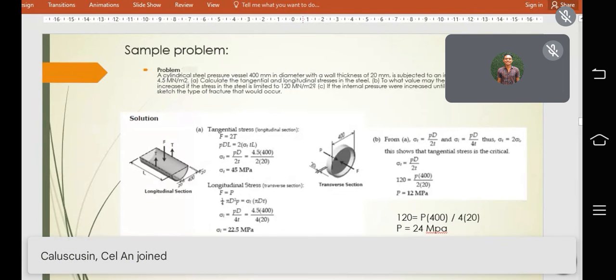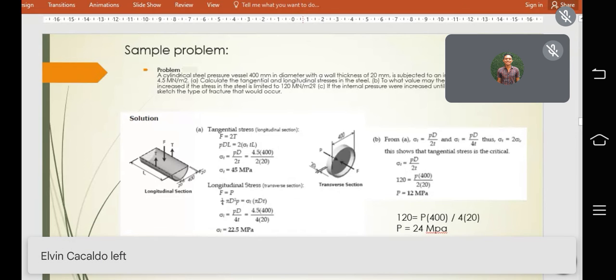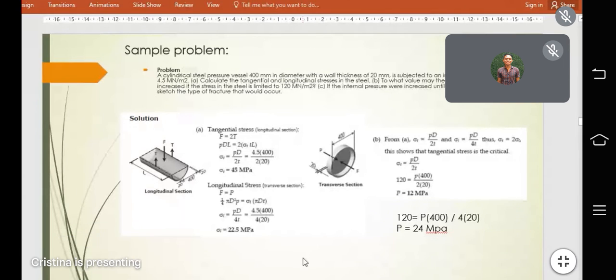Okay, so I'll explain to make it clear. We use 12 MPa for our pressure because we are asked for the value of the increase in our pressure if the stress is limited to 120.